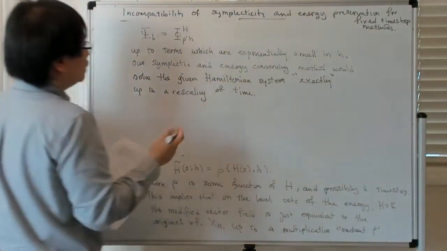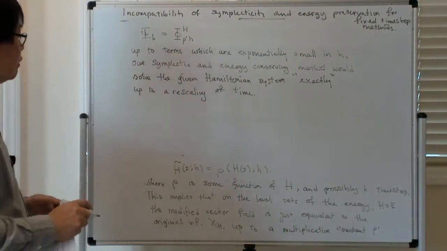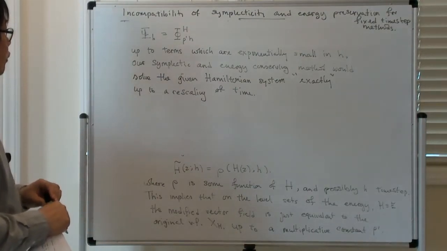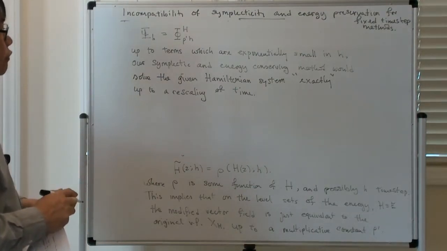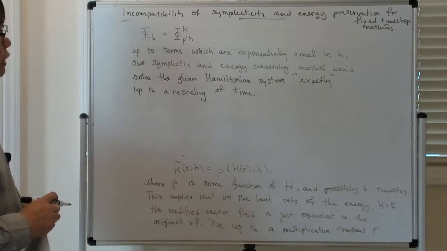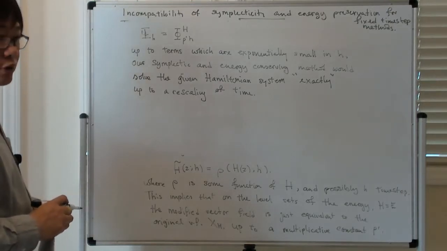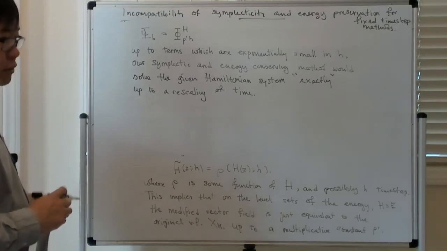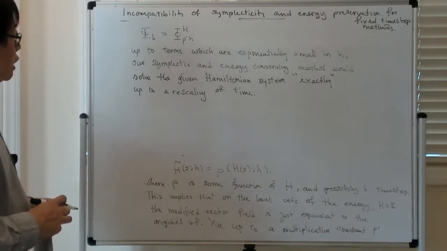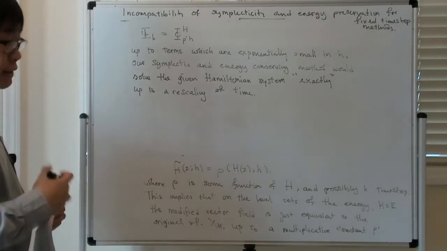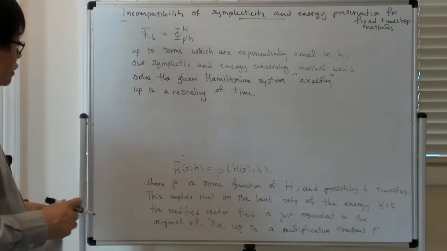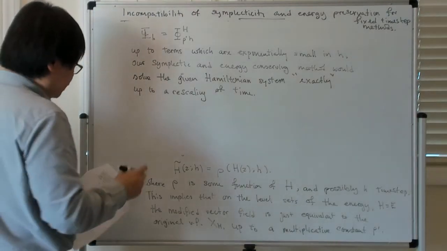All right, and so this is exactly what leads to this result of Gurr and Marsden, which basically says that if you have a fixed time step symplectic and energy preserving integrator, then this is only really possible in general if it exactly samples the true solution up to a rescaling, right?